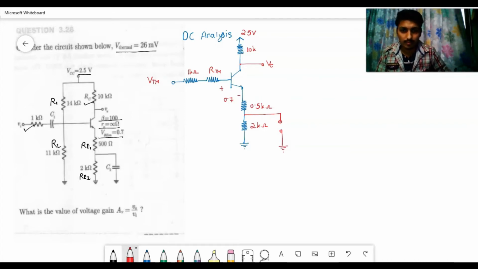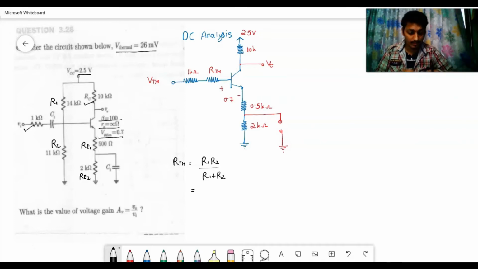So we'll go for RTH first. RTH equals R1 R2 by R1 plus R2, so 14 kilo ohm, 11 kilo ohm.